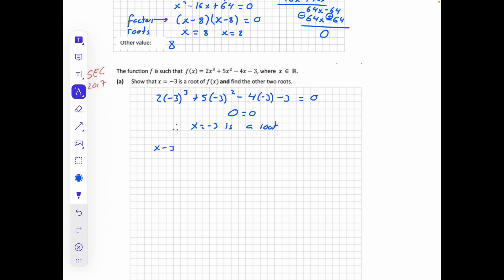Okay, now then it says find the other two roots. I've used the fact that x equal to minus 3 is a root. It's a root. Can't do any more with that, but I can move to factors. So if x equal to minus 3 is a root, then x plus 3 is our factor. If we know our factor, we can do our long division again.